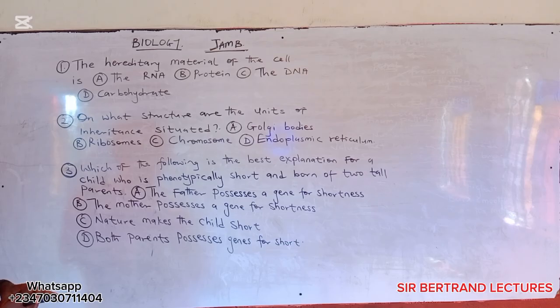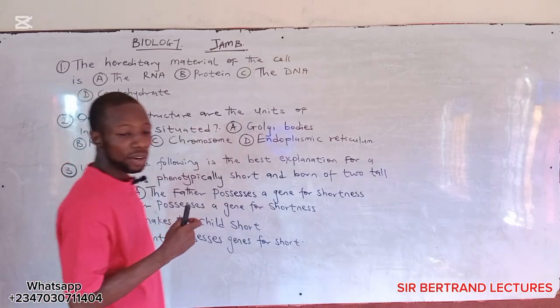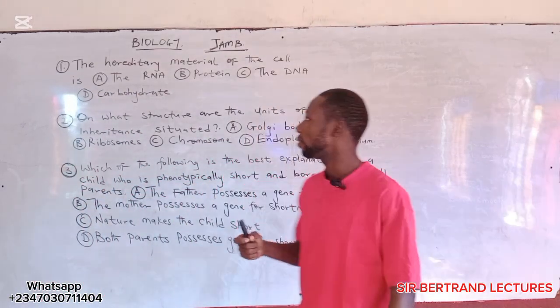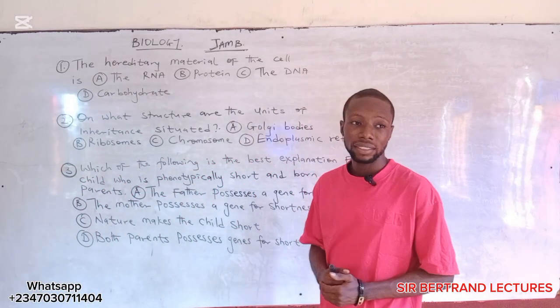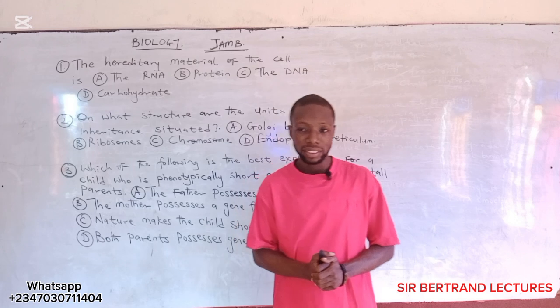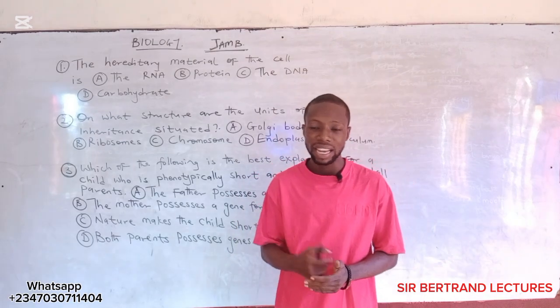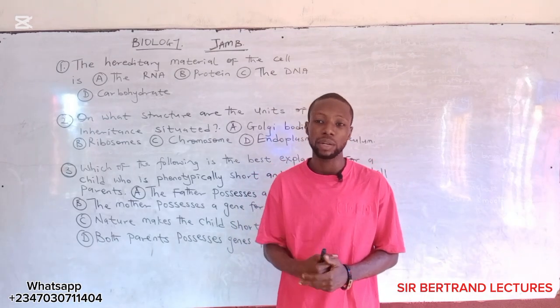Number one question is: the hereditary material of the cell is... That is asking us where we have the hereditary material of the cell located. We all know that all the traits, all the family traits and characters are located inside the nucleus of the cell.